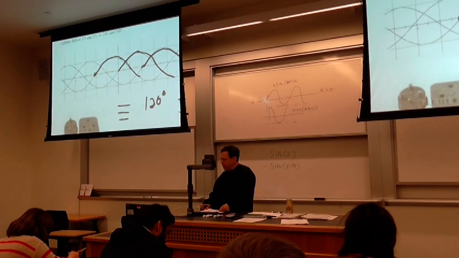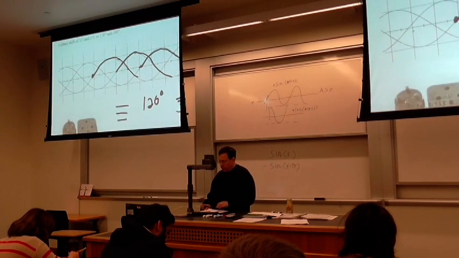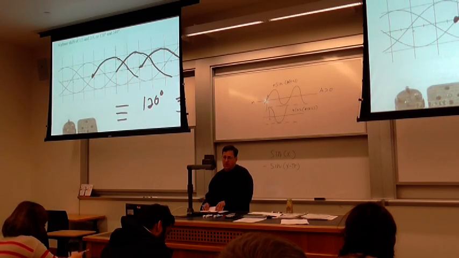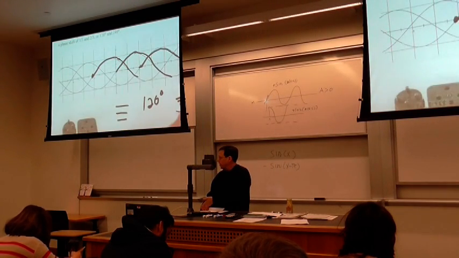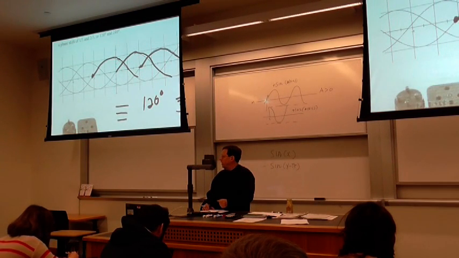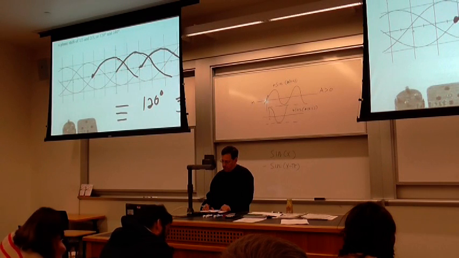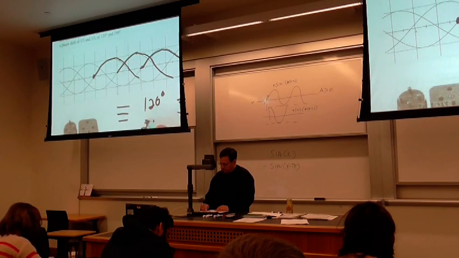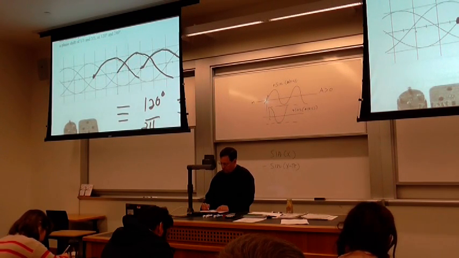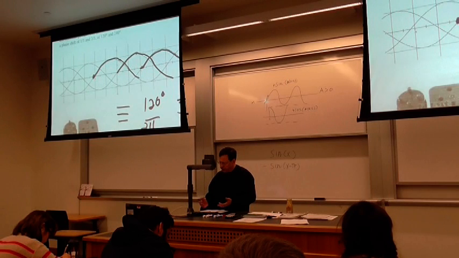So here's an example of 3-phase. Typically with 3-phase, you talk about it being 120 degrees out of phase, 120 and 240, every third. Now, if you said this is 2 pi over 3, well, 2 pi over 3 what?